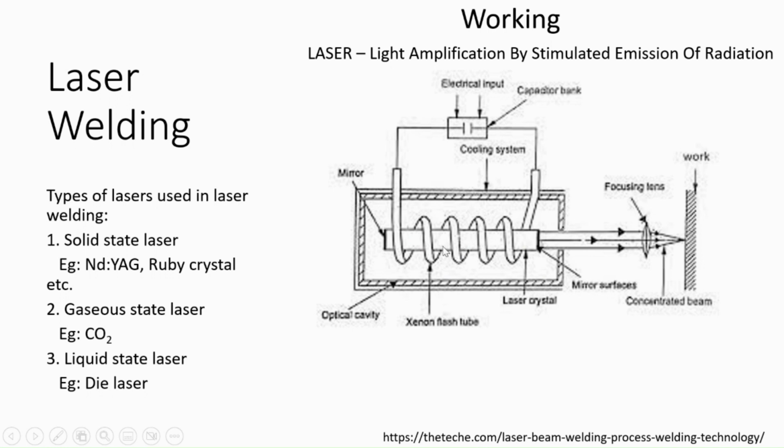In the laser crystal, each atom has energy levels, right? So the electrons in an atom go to a higher energy level because of the intense white light from the xenon flash tube.